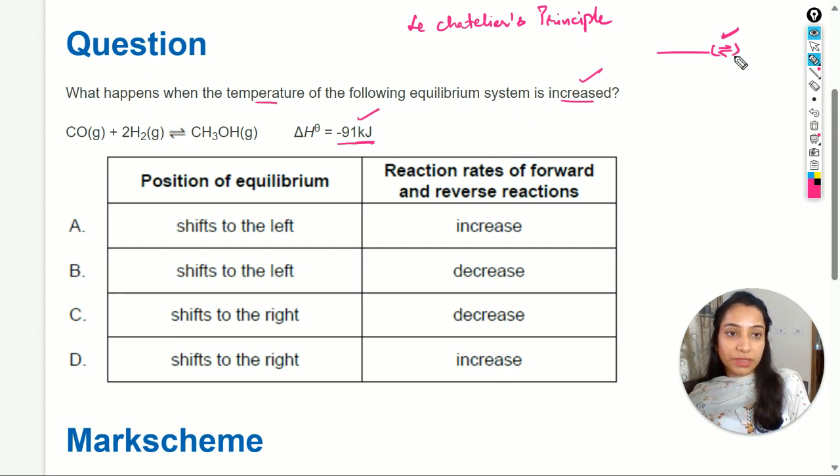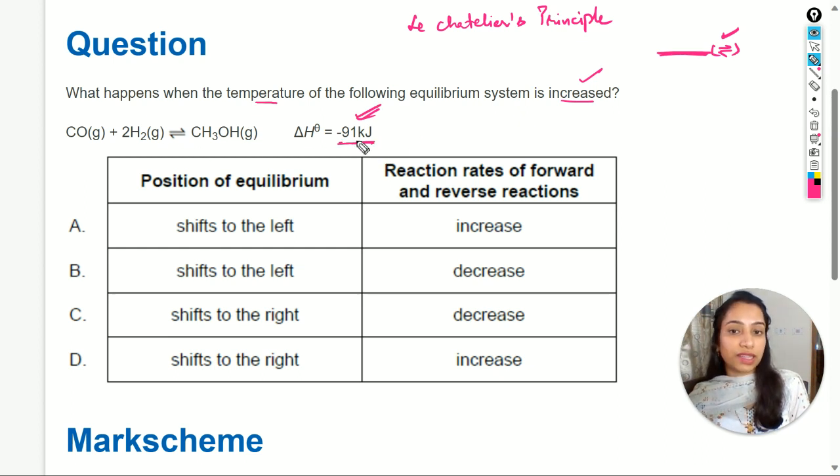Means the net enthalpy change will be zero. Neither is heat evolved nor absorbed by the system. So this enthalpy change is for the reaction which occurred before the equilibrium. That's why this enthalpy change is for the forward reaction.